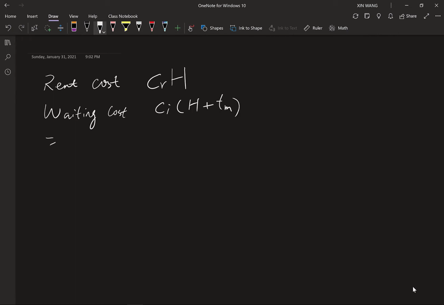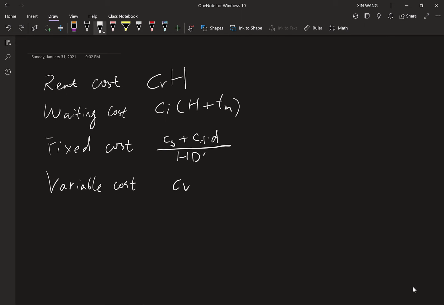And then for the transportation cost, there's a fixed cost. We will have a stopping cost, mileage cost, and then the headway times the demand rate. And then the last is a variable cost, which is just a unit variable cost term.